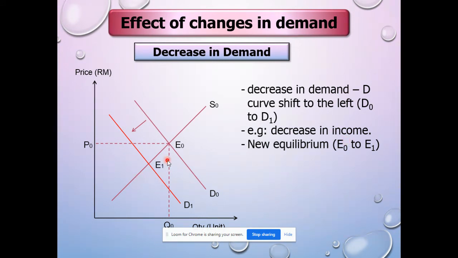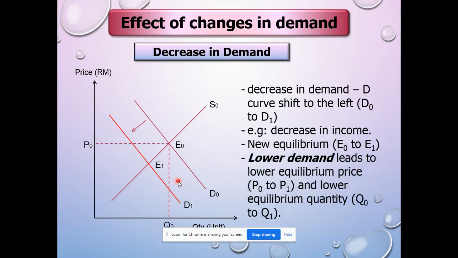Before this E0 and now at E1, a new equilibrium from E0 to E1, and lower demand will lead to lower equilibrium price and lower equilibrium quantity.